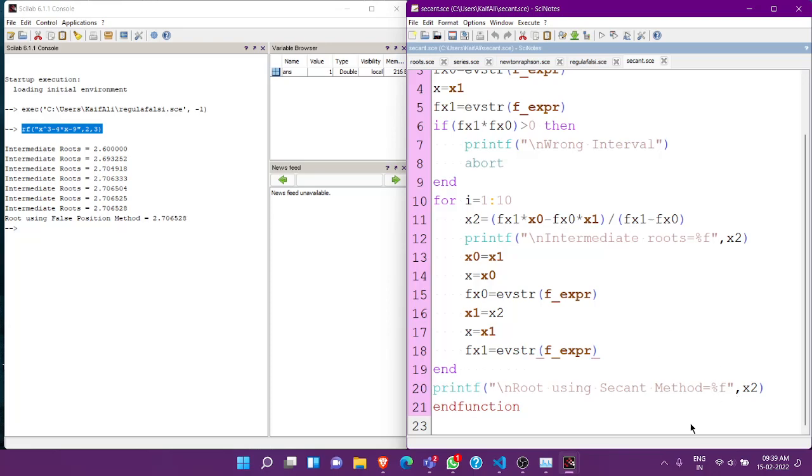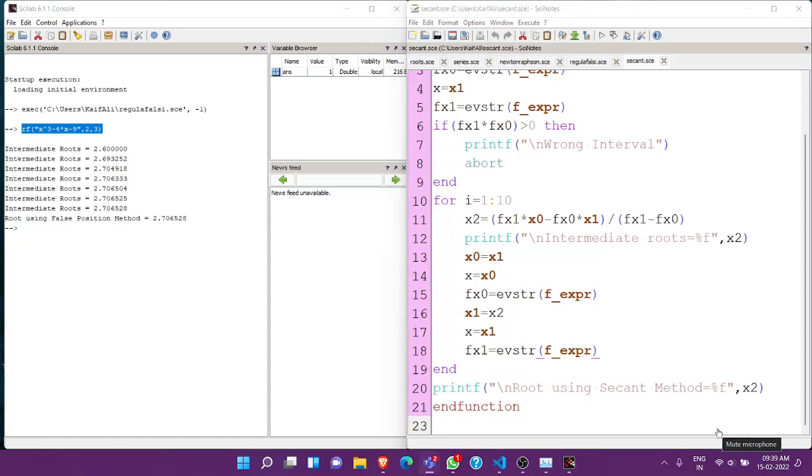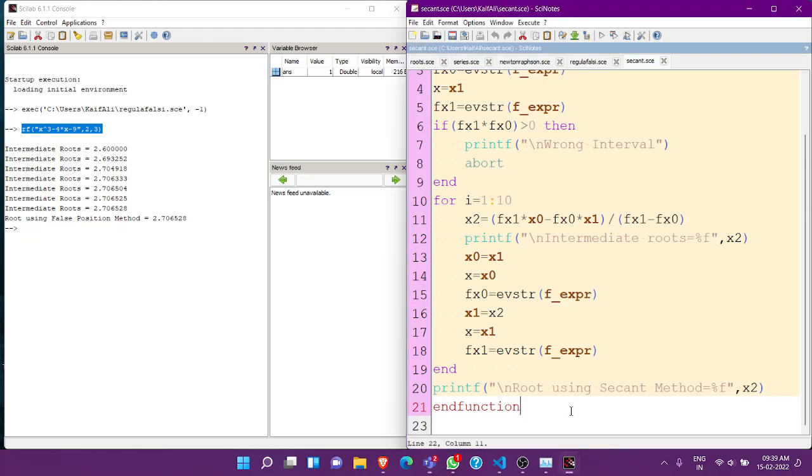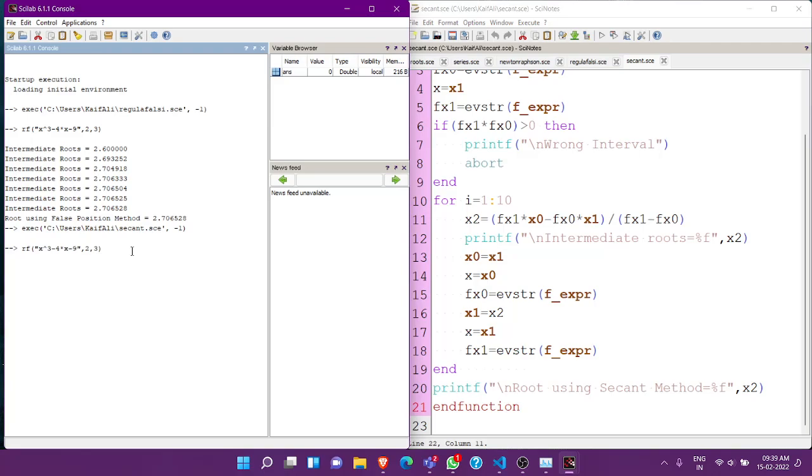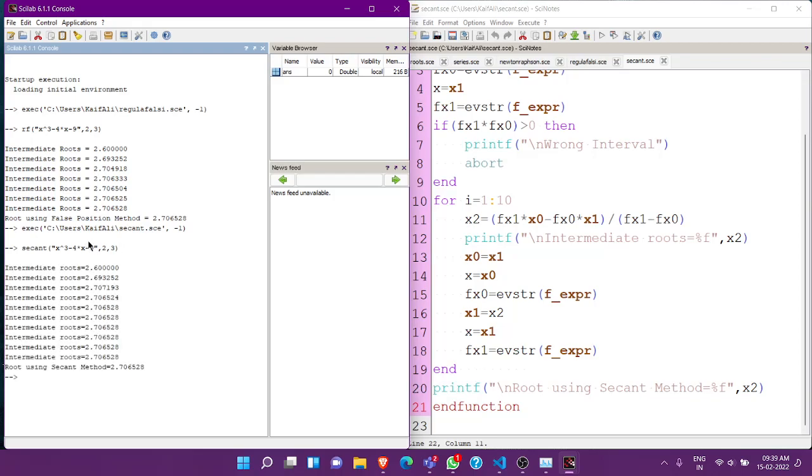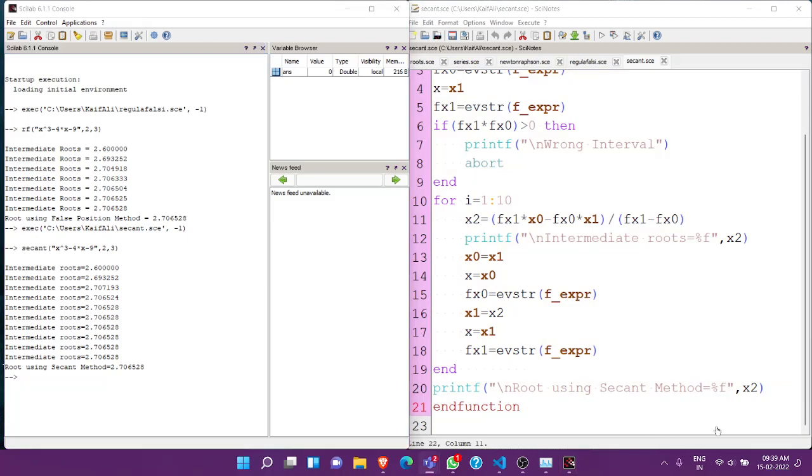Hope it's working. Yeah. Newton Raphson.